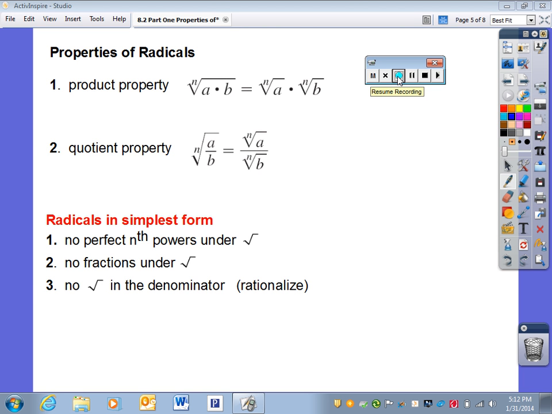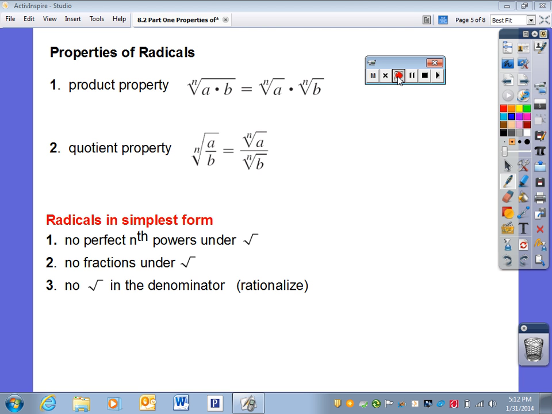Let's take a look and make sure we remember some properties of radicals. So the product property says that we can either multiply the two numbers together and then take the root, or we can take the root of each of them separately and then multiply them together. The same thing happens with the quotient property. We can divide and then take the radical or the root of them, or we can take the root of the numerator, the root of the denominator, and then divide.